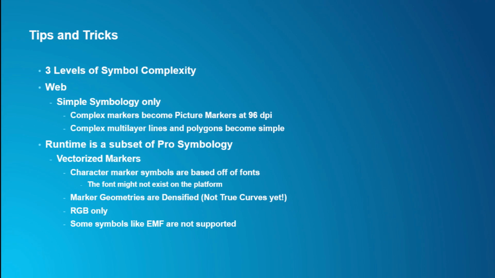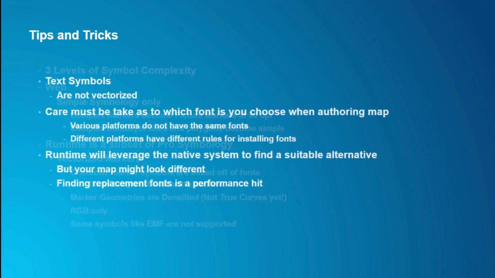So most of your symbols will come over directly and look great. Also, your picture symbols will stay in the format that they were. So if you have JPEGs or BMPs or whatever, those symbols will stay in that format when you're using advanced symbols. And if you have a very high DPI picture, that'll come through in the runtime.